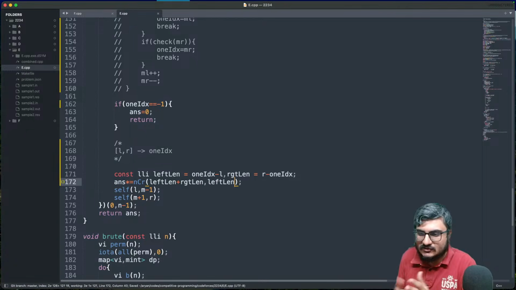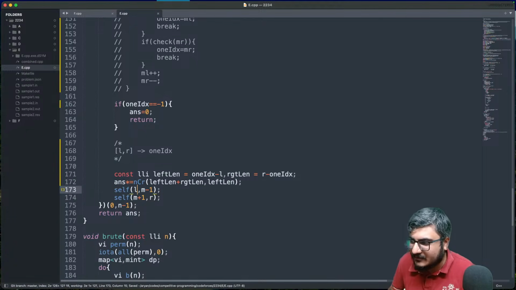This would be the number of ways to choose the elements, and I will recursively solve for left.